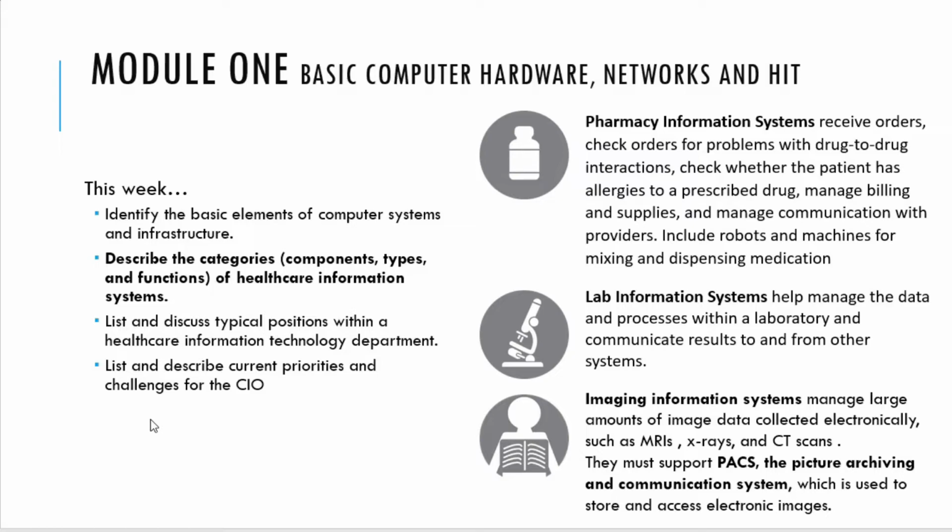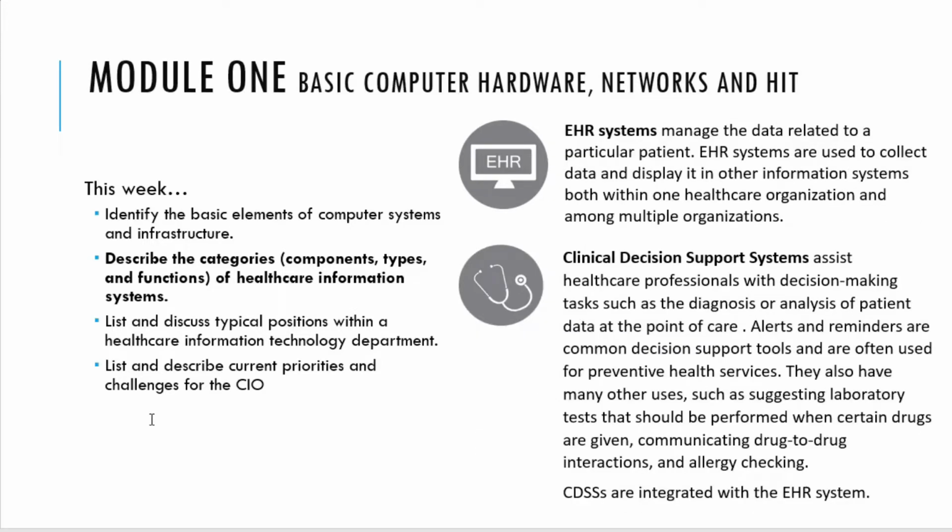Imaging is also very big, especially with the picture archival systems. When you go in for an X-ray or an MRI or a CT scan, a lot of those images are then archived so that the picture can be pulled up later by the healthcare professional to either treat or diagnose that specific issue or illness that the patient is presenting with.